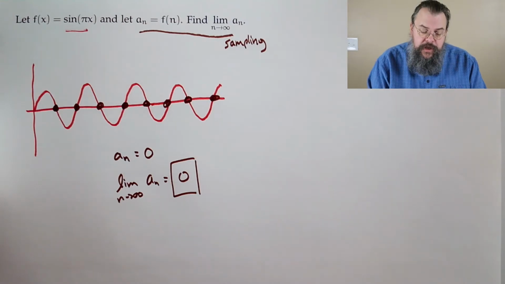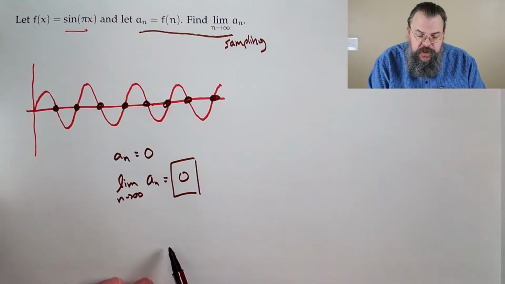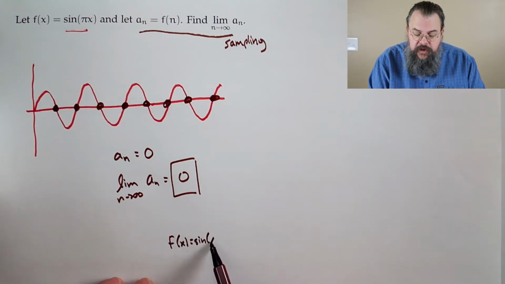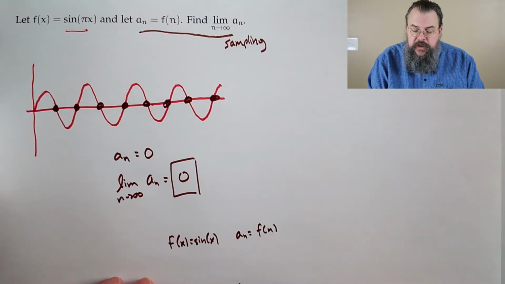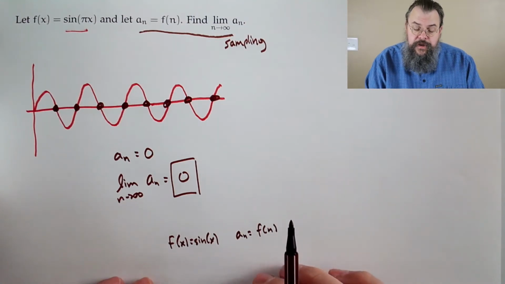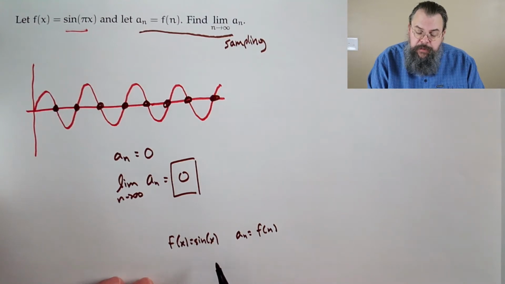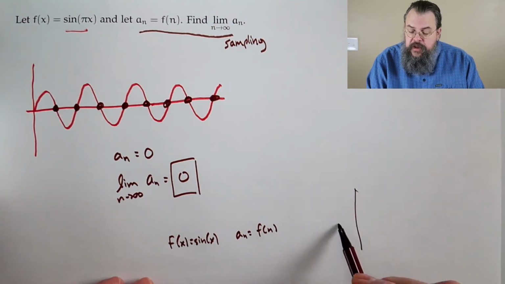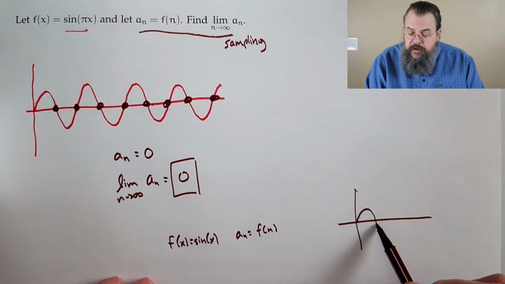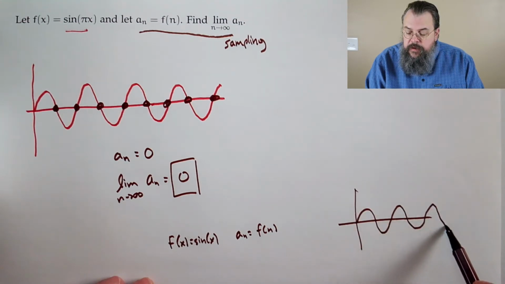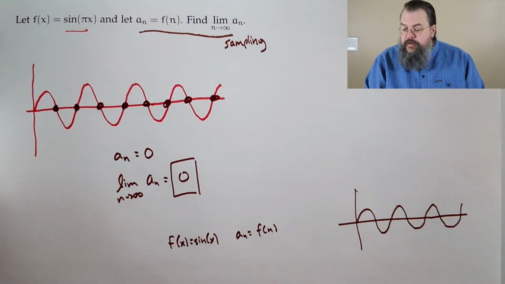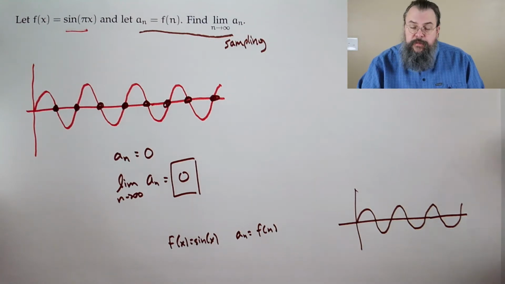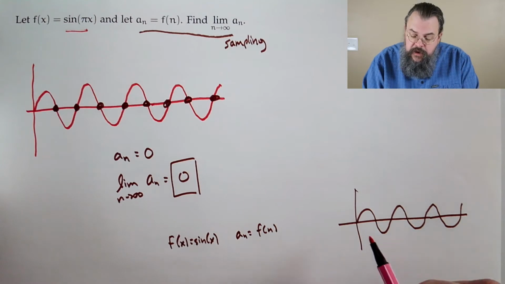Now, you might say, well, what if we had changed our function? Suppose it had been f of x equals sine of x, and a sub n equals f of n. Then what would have happened? Well, we would have still sampled, but it turns out that when you sample every 1, you get something rather chaotic. It jumps around. Because what's happening?